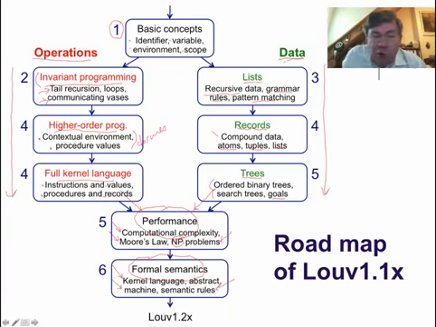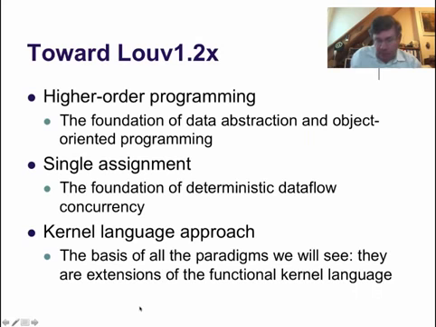So this is the roadmap of Louvain 1.1x, and this leads to Louvain 1.2x. In Louvain 1.2x, we will build on what we learned in Louvain 1.1x, and in particular, higher order programming will be the foundation of data abstraction and object-oriented programming, which we will see in Louvain 1.2x.